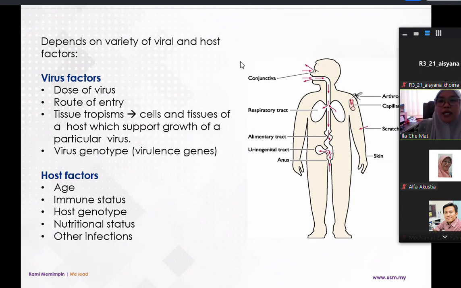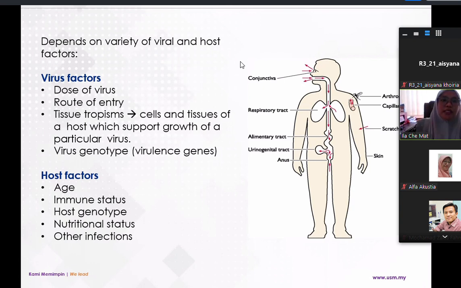So why is this happening? These are the factors that influence whether that individual gets the disease or not. There are two different factors, the host factor and the virus factor.